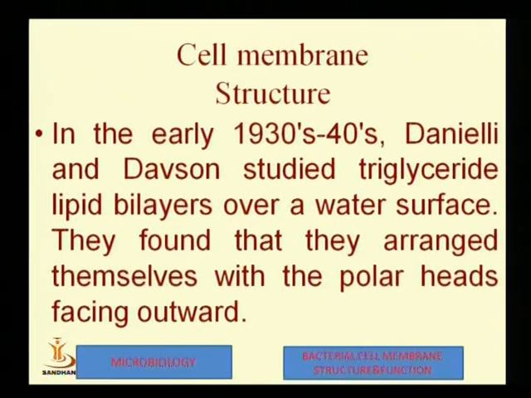In the early 1930s and 40s, Daniel and Davson studied a triglyceride lipid bilayer over a water surface. They found that they arrange themselves with the polar heads facing outward. As we can see from the slide, the polar lipid is attached with the protein coat.